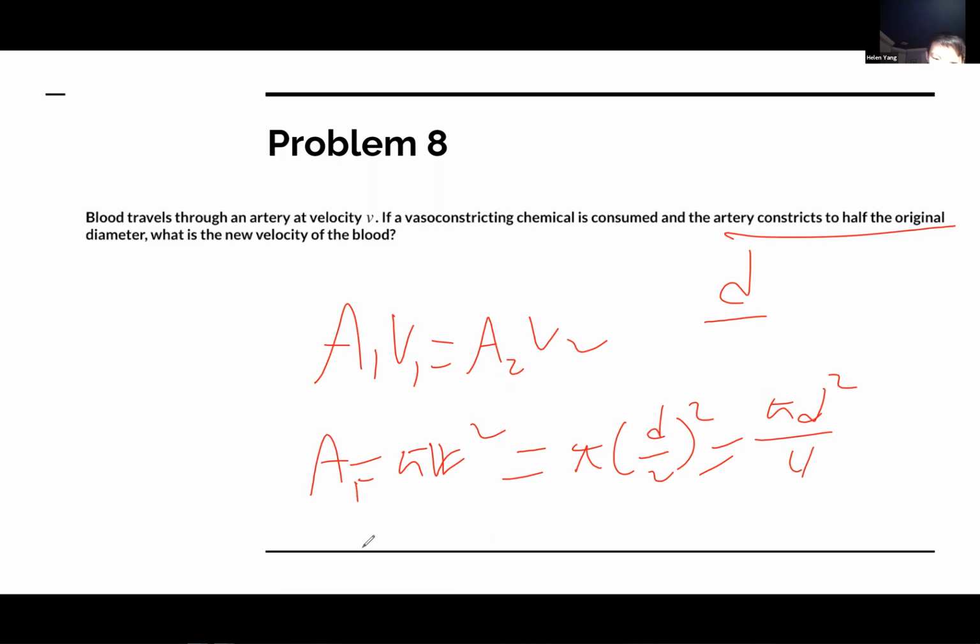So this is A1, and for A2, the diameter goes to half, so it'd be pi times d over 2, squared, divided by 4, which is pi times d squared over 4 divided by 4, which is 1/16 pi d squared.